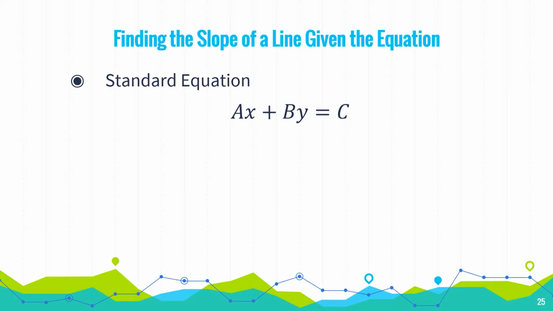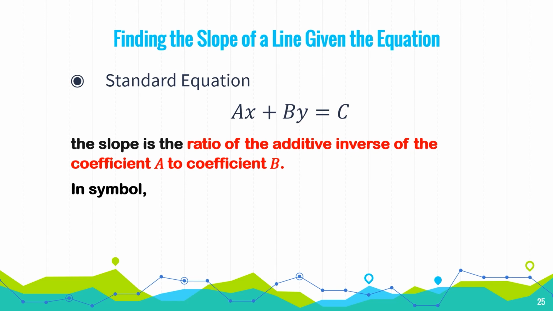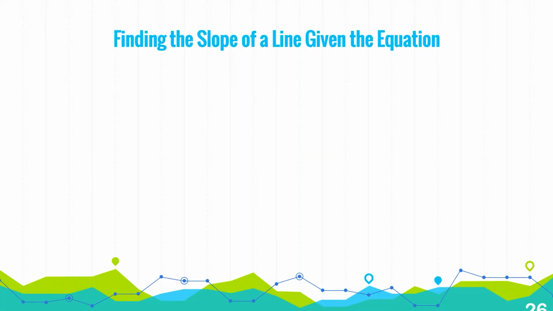Finding the slope of a line given the standard equation ax plus by is equal to c. The slope is the ratio of the additive inverse of the coefficient a to coefficient b. In symbols, we have slope is equal to negative a over b. We need to answer these questions as our guide.